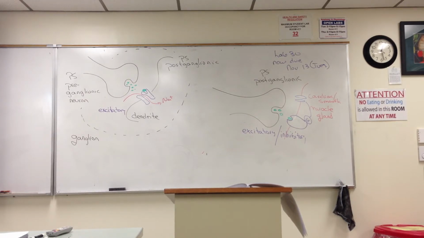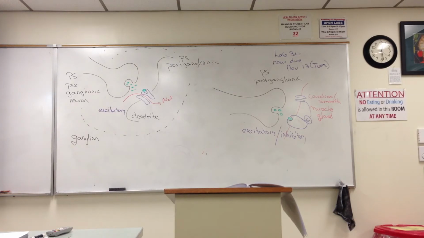This is identified instead of nicotinic, it's identified as a muscarinic because it was isolated using chemicals from mushrooms. And hence we use muscarinic versus nicotinic, okay? But ion channel, G protein pathway.